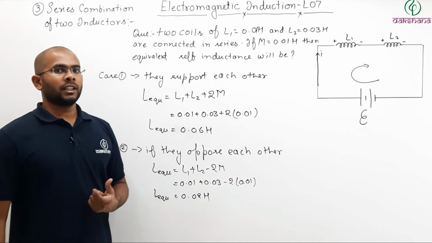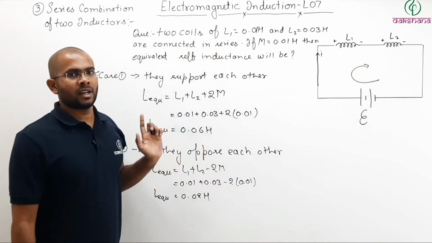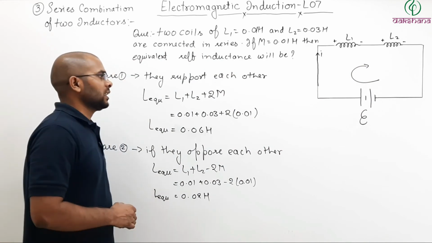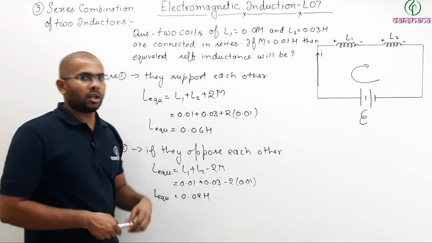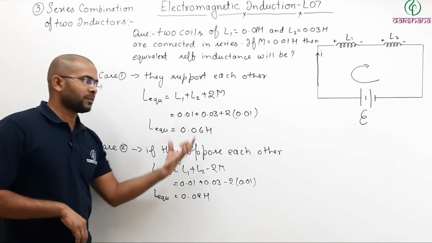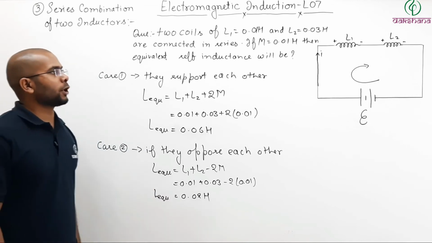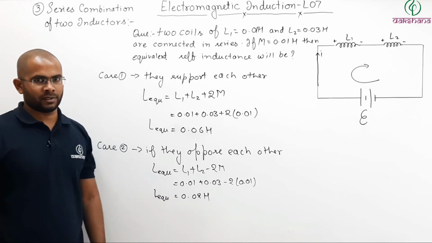So you see here, the same two inductors are connected in series, but depending upon whether they are supporting each other or opposing each other, their total equivalent inductance may be different. Pause the video, note it down, then we will talk about the parallel combination of inductors.